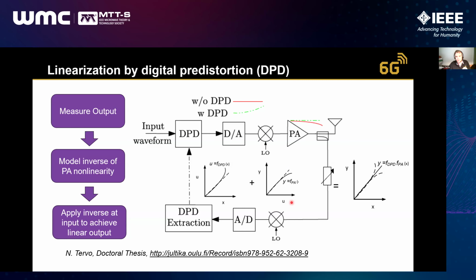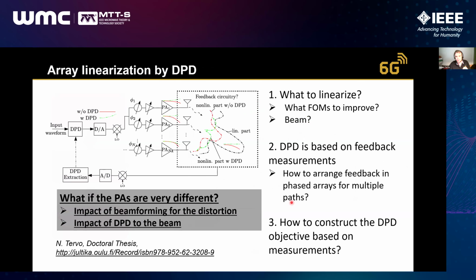However, how you use this DPD for an antenna array, you have to think about the concept a little bit. This becomes interesting because you have one DPD input, but multiple nonlinear power amplifiers in parallel. So multiple power amplifiers are sharing a single DPD.